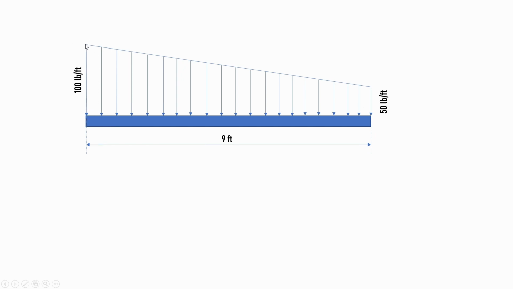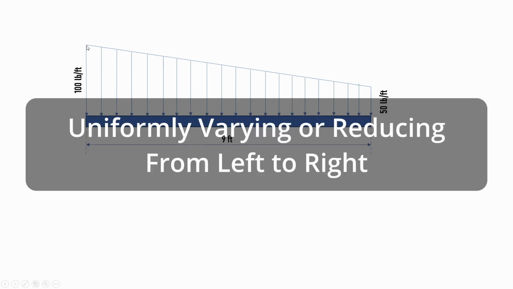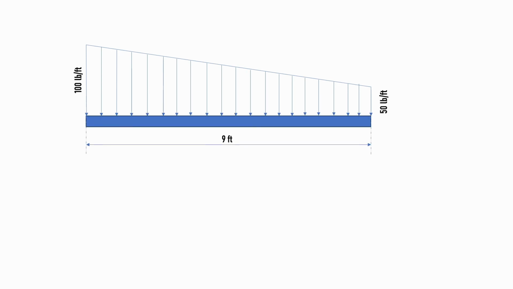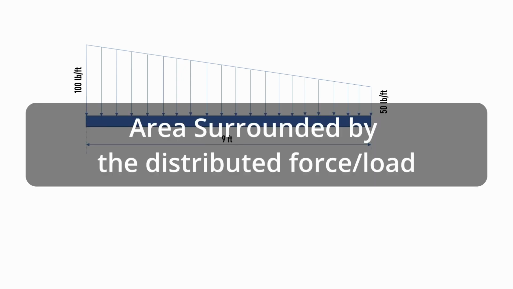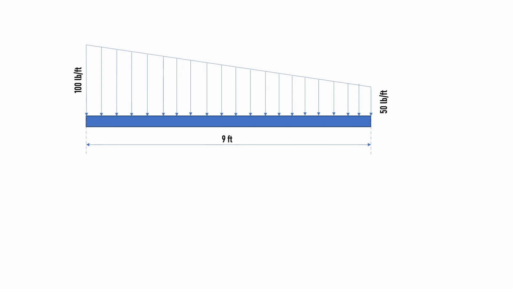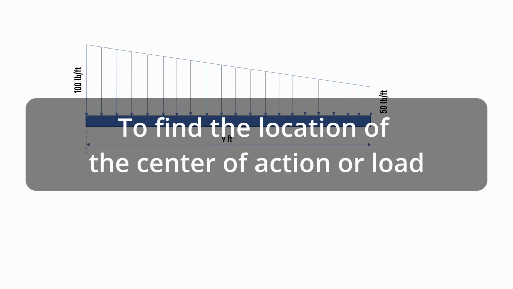And you can see the force is reducing from left to right, so it has created a trapezoidal shape. In order to calculate the equivalent force, that means we want to change the distribution of the force into one particular force, we need to calculate the area, and after that we need to find the centroid of that object.